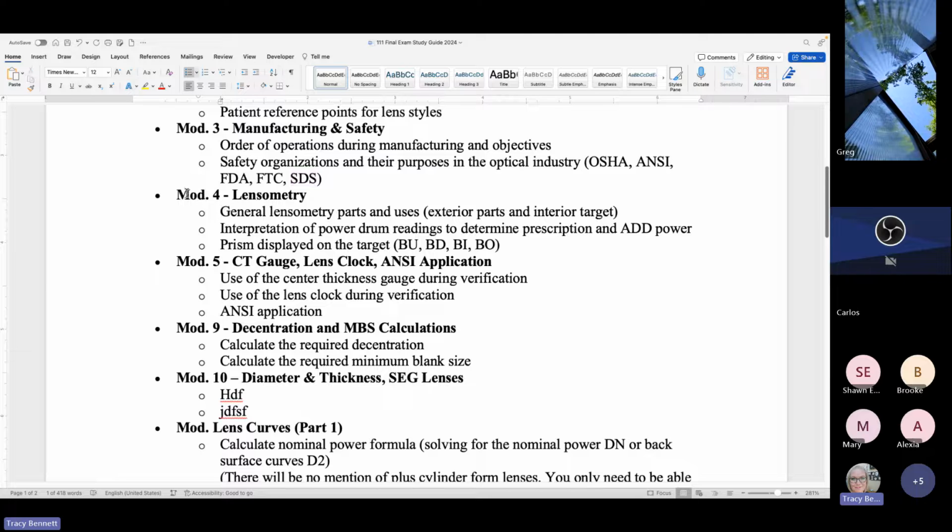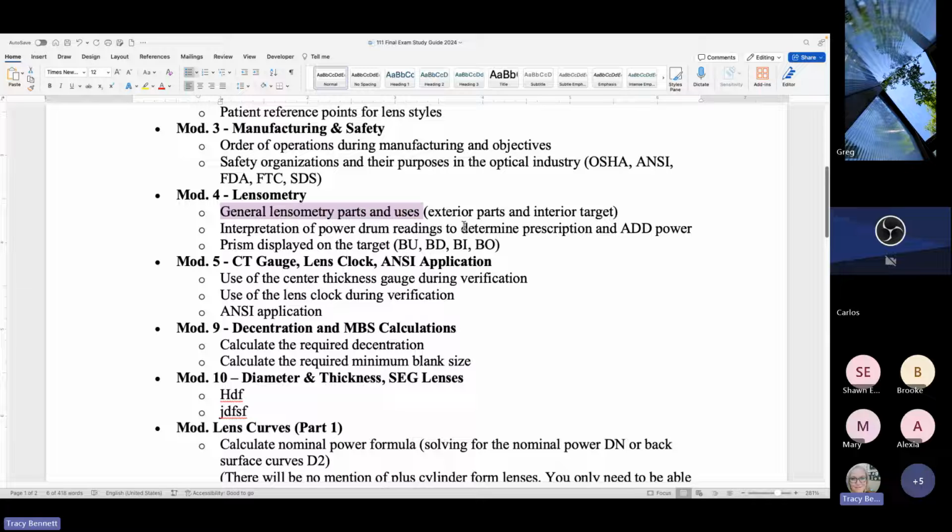When it comes to module 4 for the lensometry, understanding those general parts and the uses, that PowerPoint would be a good place to go back to. You should have some good familiarity with the lensometer, just knowing where the power drum is, what the frame table is, what it does, why it's important, the axis wheel, and focus in the eyepiece.